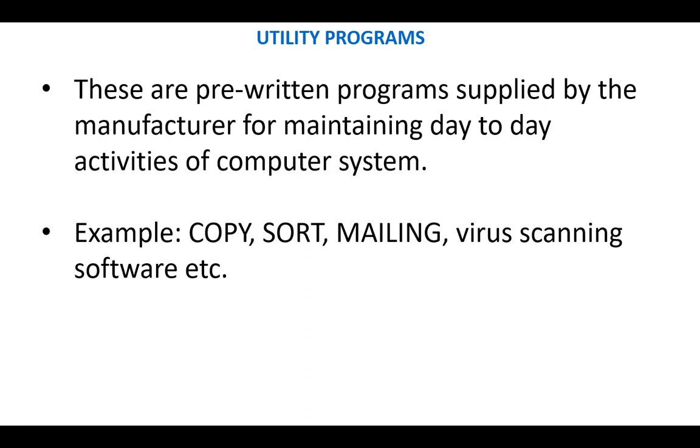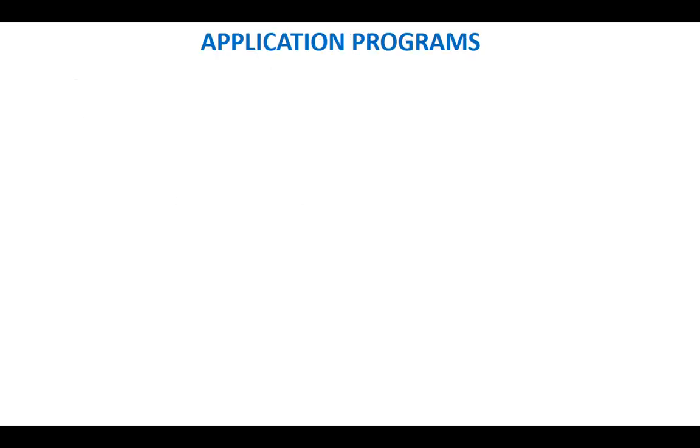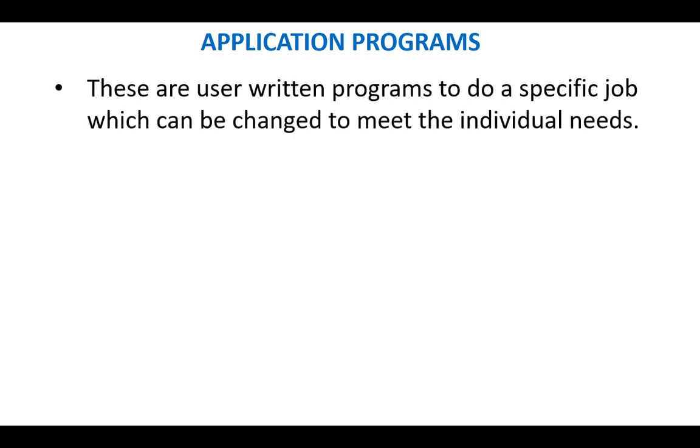Okay, so we also have another type of program, which is the application program. These are user-written programs to do specific jobs, which can be changed to meet individual needs. These programs are written in different languages, such as BASIC or C, by using database packages like dBase and Oracle.